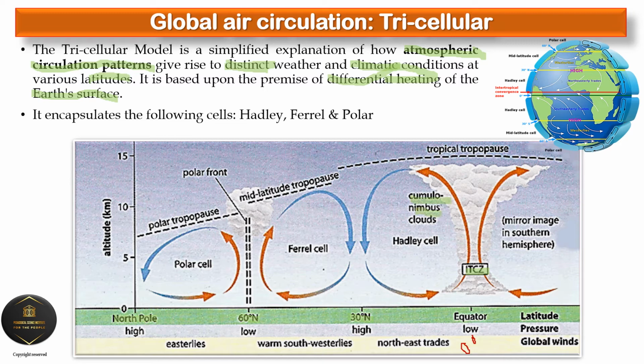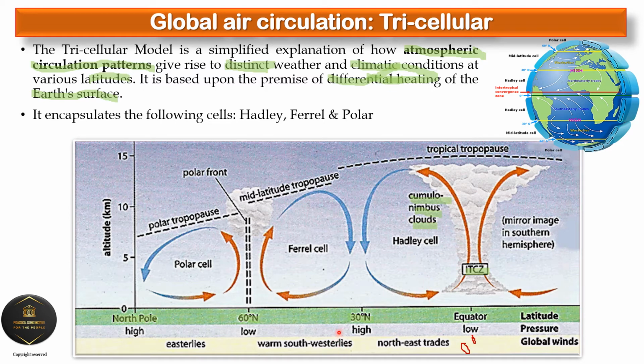And why is that the case? Because there is rapid vaporization happening there, because this region receives direct heat from the sun. So you see why we said this is dependent on the differential heating of the Earth's surface, as we said. So that's what will happen. And if you look at that, we have our cumulonimbus clouds in the Hadley cell.